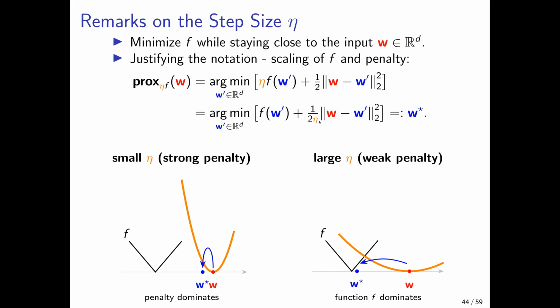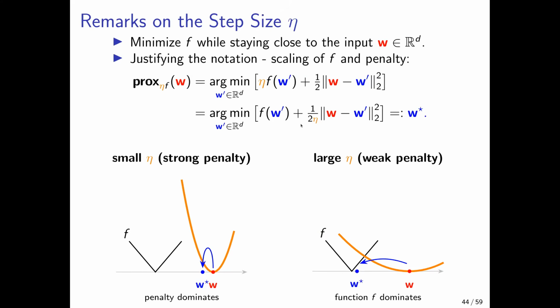But it turns out we can simply multiply this objective by eta, and this is equivalent as we are searching for the argmin. In this equivalent formulation there is the scaled version of f, and these two lines are equivalent. So this makes perhaps more sense regarding the notation.